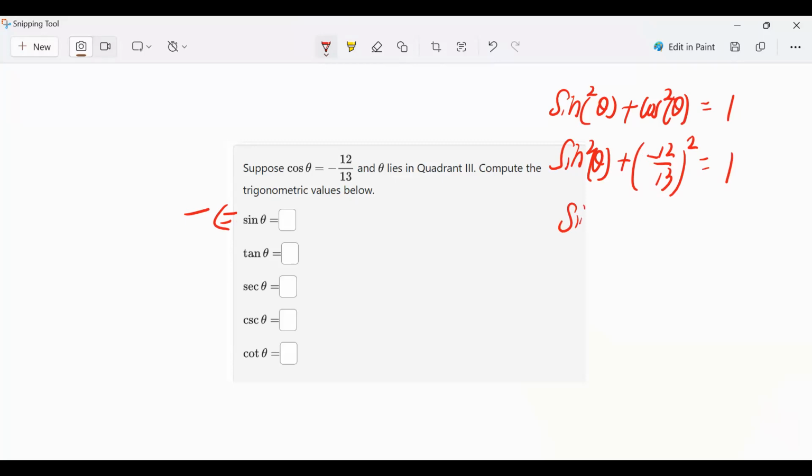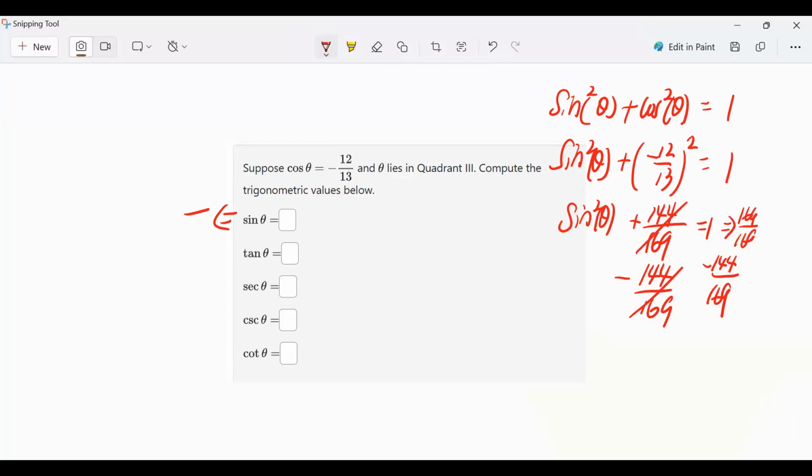And sine theta squared plus 144 over 169 is equal to 1. Let's subtract 144 over 169 on both sides of the equation. This is 169 over 169.